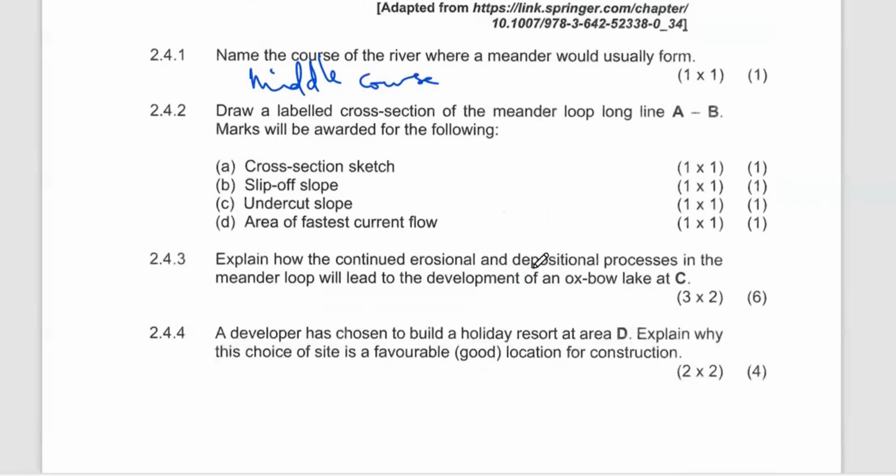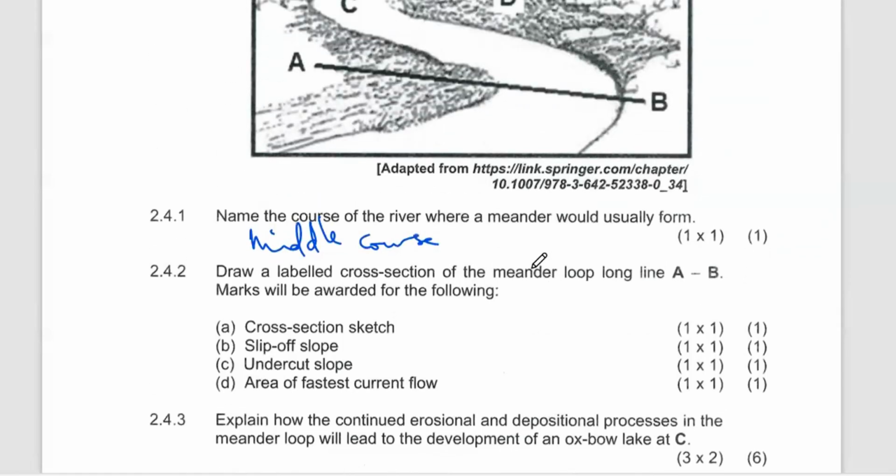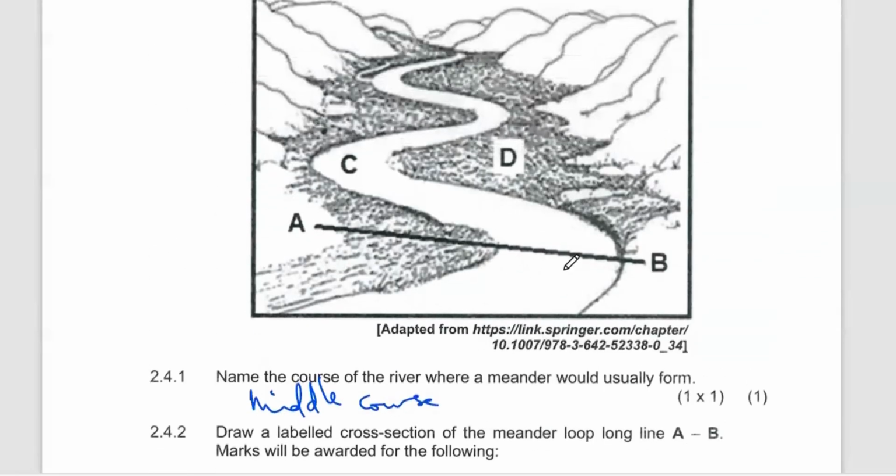Right, draw a labeled cross-section of the meander loop along line A and B. What you must note here is along line A and B, we want to draw a cross-section. If this is our bend, this is our outer bank of our bend there, and this is our inner bank of our bend. And as a result, at the outer bend, there is high velocity.